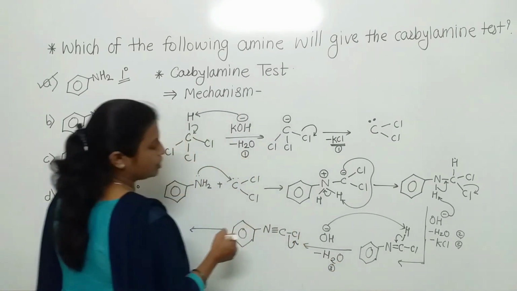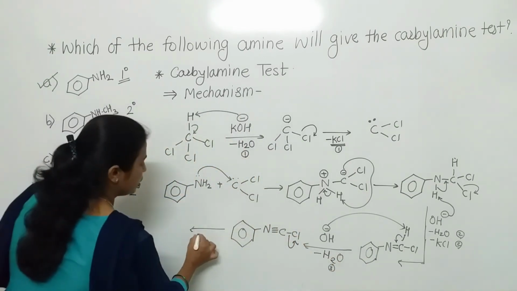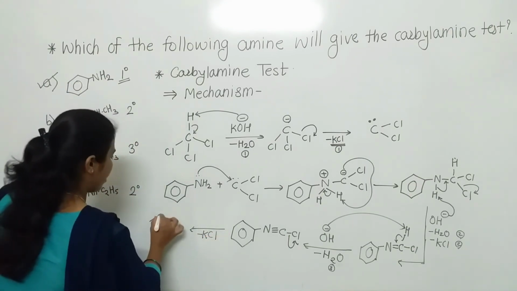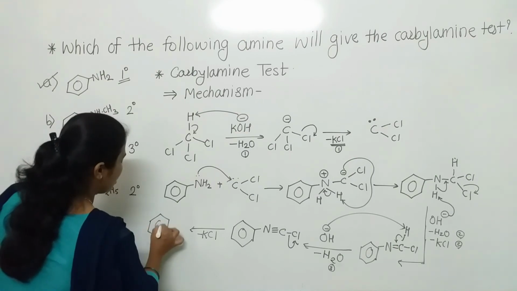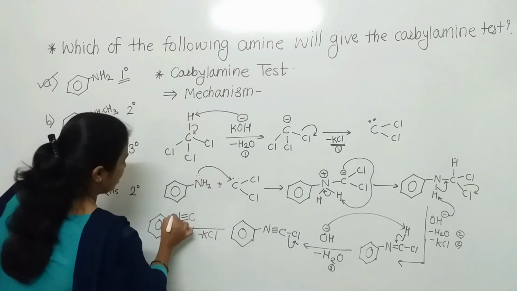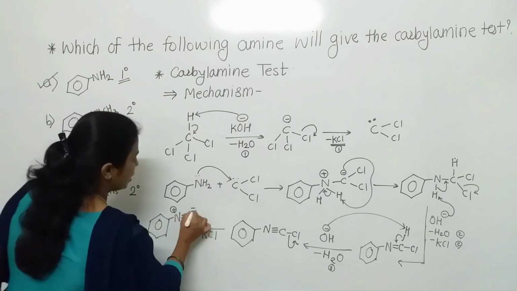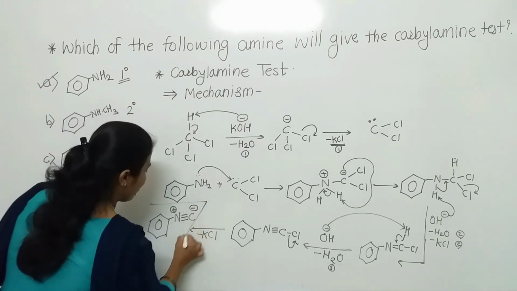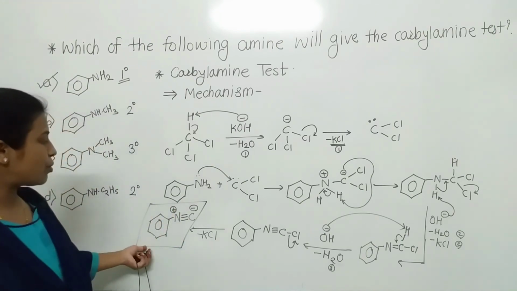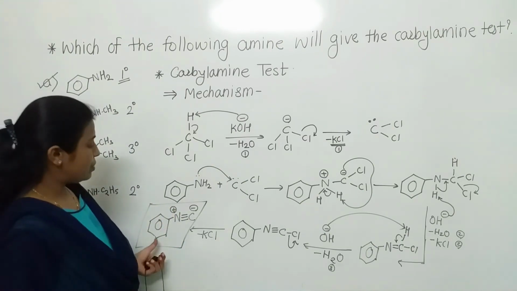Here the Cl gets removed, and we get the elimination of 1 mole of KCl, and finally we get our main product, nitrogen triple bond carbon. There is a positive charge and a negative charge on this carbon. So here we get our product, the carbylamine.